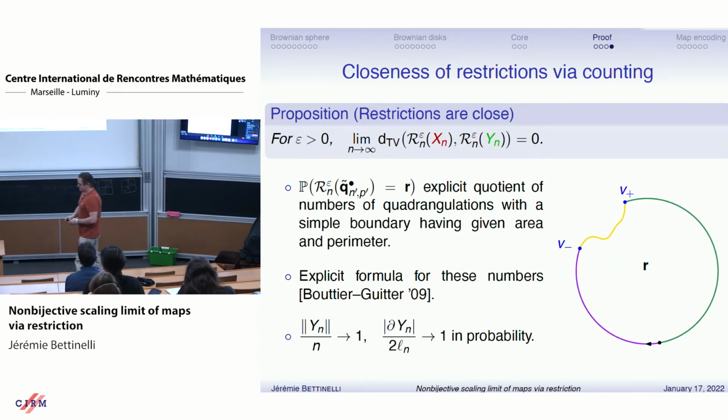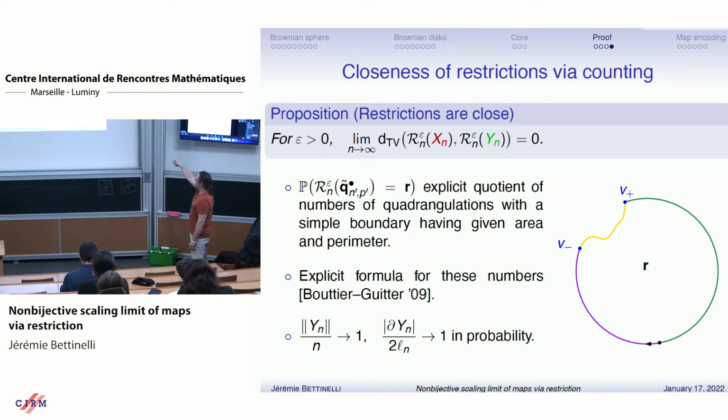So we have two things to show. First, I start with this one. We have to see that the restriction of my two models is small. To do that, it's actually just using counting arguments. Because what is the probability that my restriction is equal to a given R?